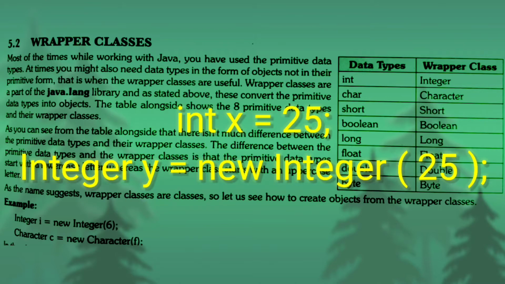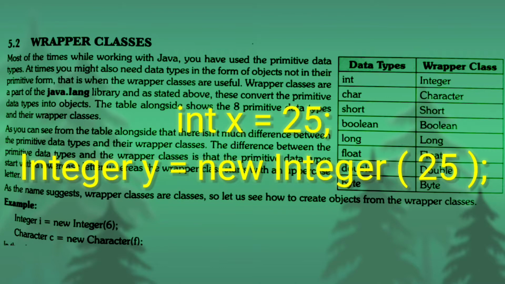Suppose you declared a variable int x with the value 25, and this variable is declared using a primitive data type, so it is of value type. In the next line, we created an object named y using the Integer wrapper class: Integer y = new Integer(25).